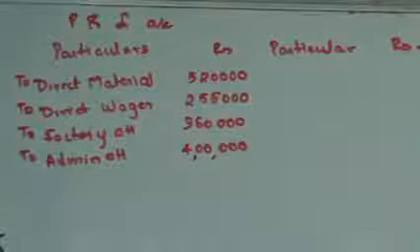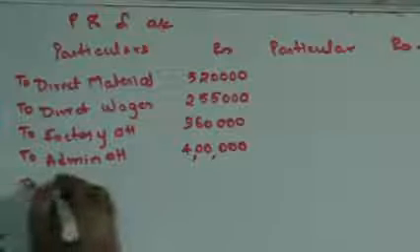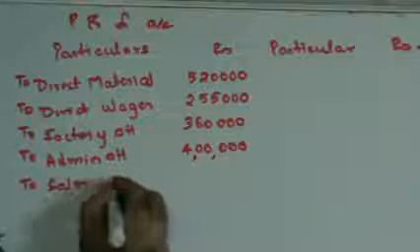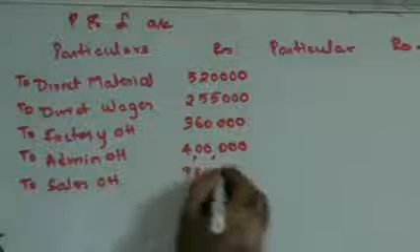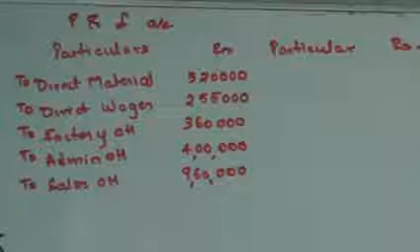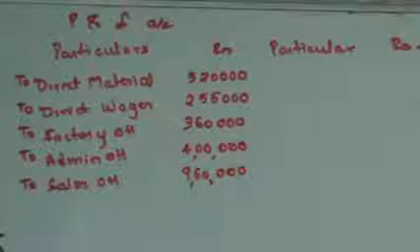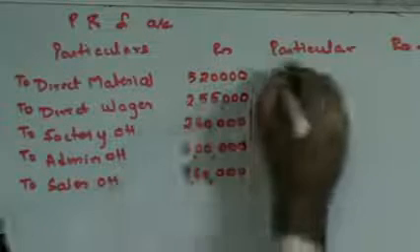Right? Next, you have sales overheads 9,60,000. Next, you have stock as on 31st March. Closing stock of finished goods is given to you as 1,50,000.